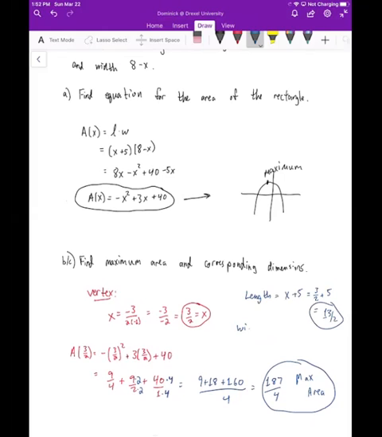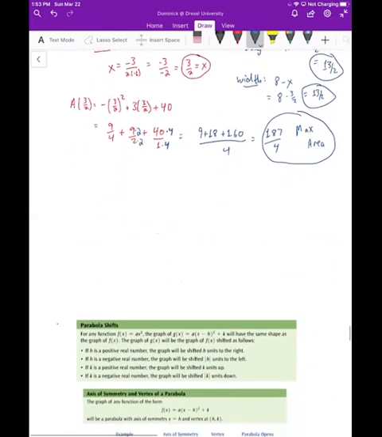And then the width is 8 minus x. So 8 minus 3 over 2. I guess that would be 16 over 2 minus 3 over 2, so 13 over 2. So it actually turns out that if the length and width are the same, that's when you maximize the area, or when you have a square. Okay, so again, hopefully that wasn't too bad.